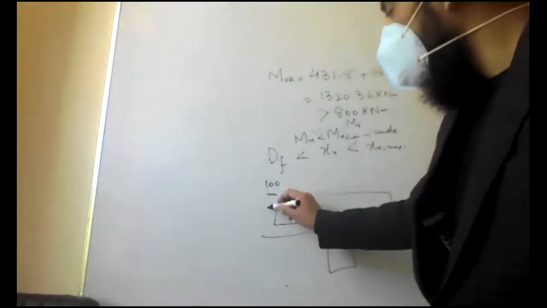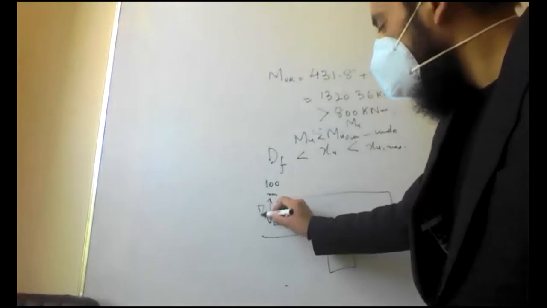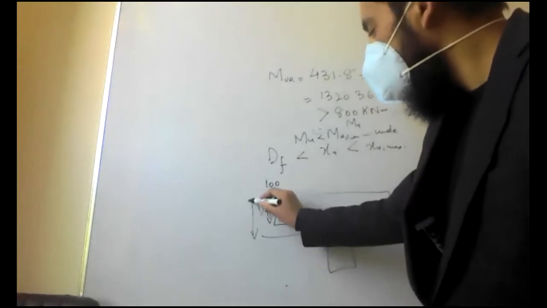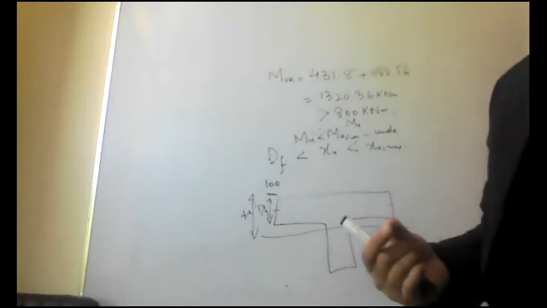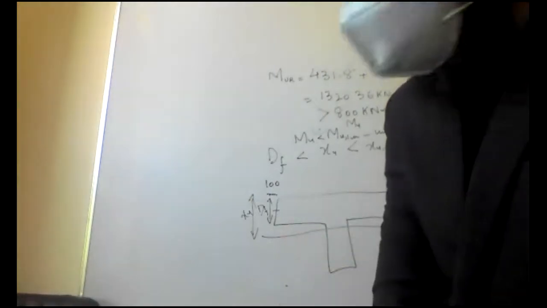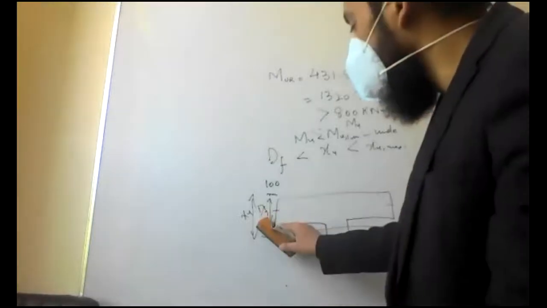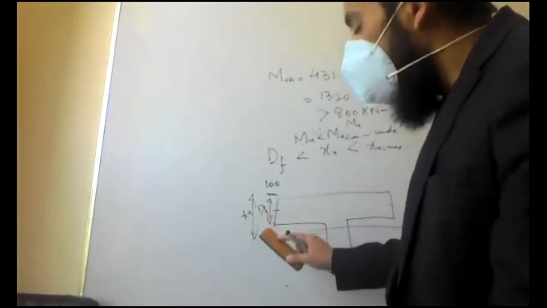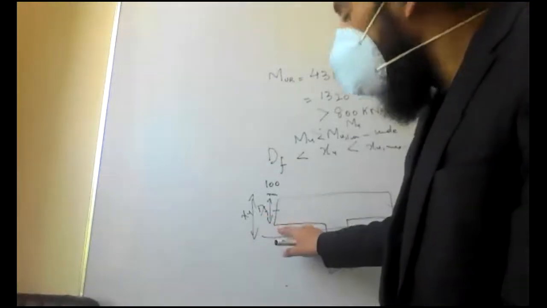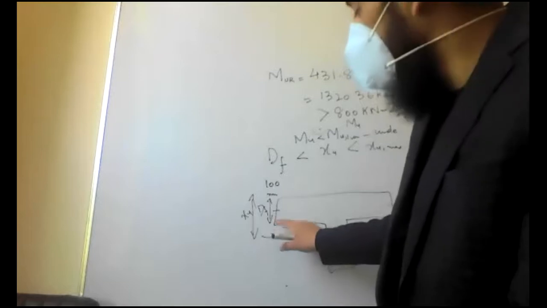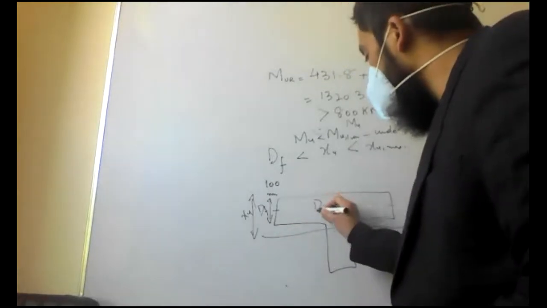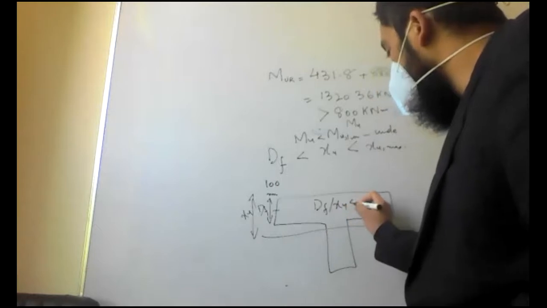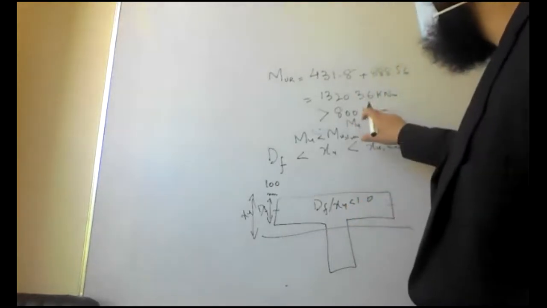And your DA by XU is greater than 0.43, but it will be less than 1, because you do not require this much amount of force.